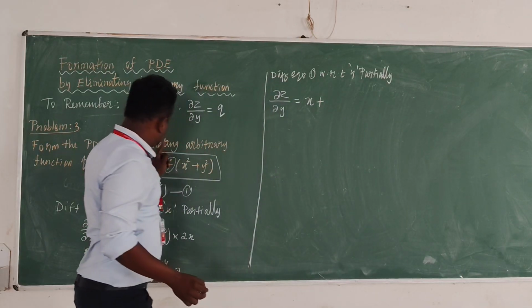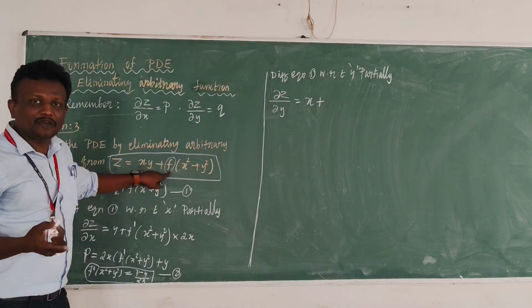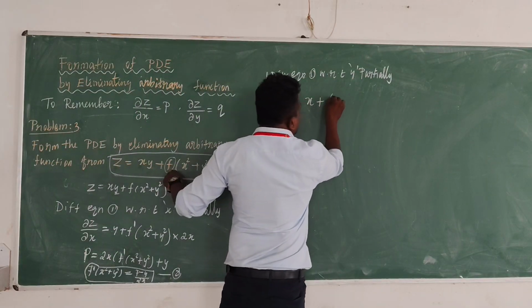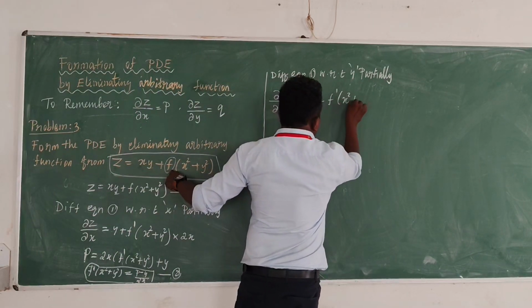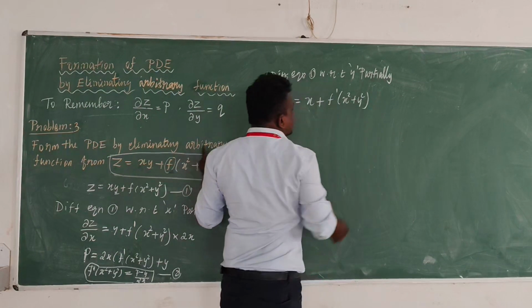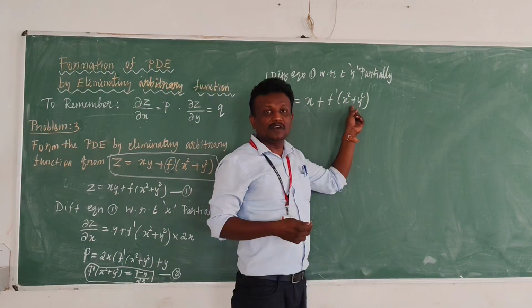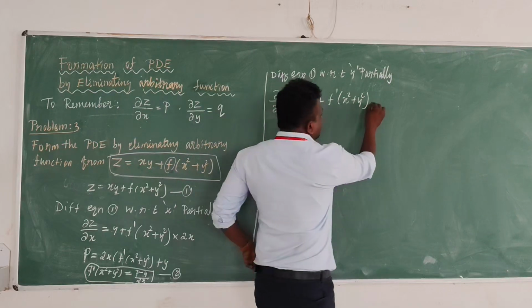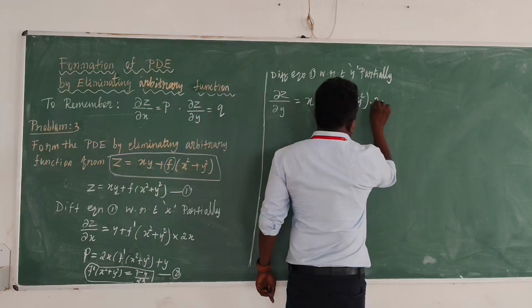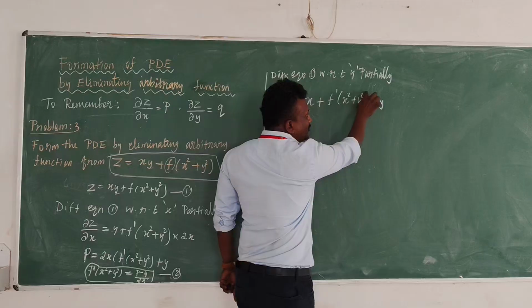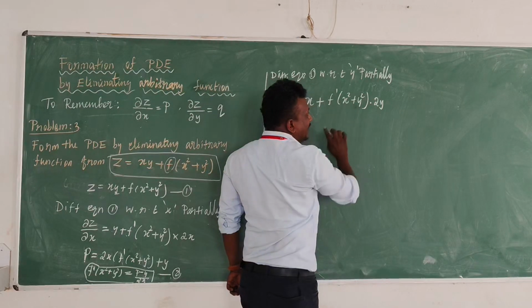Plus, when you differentiate your function f with respect to y, it becomes f dash of (x square plus y square). As I already said, we need to differentiate inside the bracket also by using the chain rule. So it becomes 2 times y, because we have y only here. When you differentiate this one, your answer will be 2y.